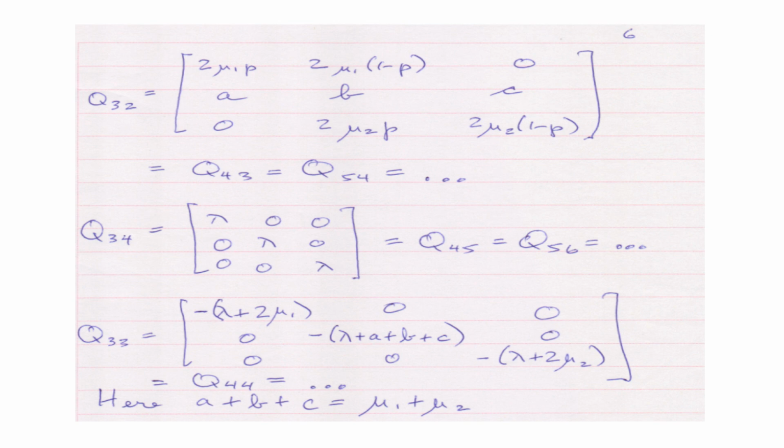So we could simplify our matrix a little bit if we chose to do so. So this is the pattern that will repeat itself along the diagonal. So now we get a patterned matrix for Q. It's tridiagonal in blocks.